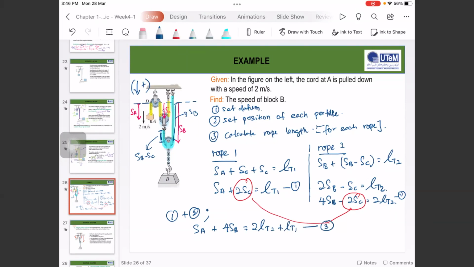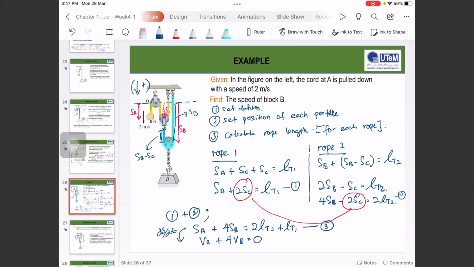Right, so this is equation number 3. Okay, so differentiate kan, dS over dt, you akan dapat VA plus 4VB is equal to 0.